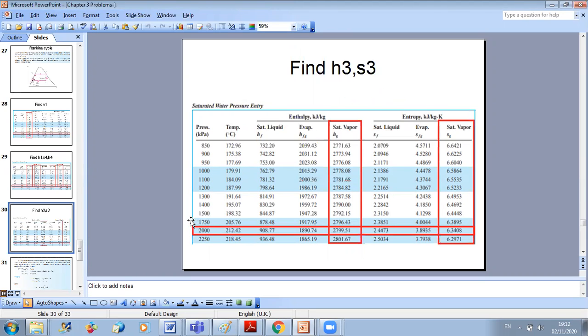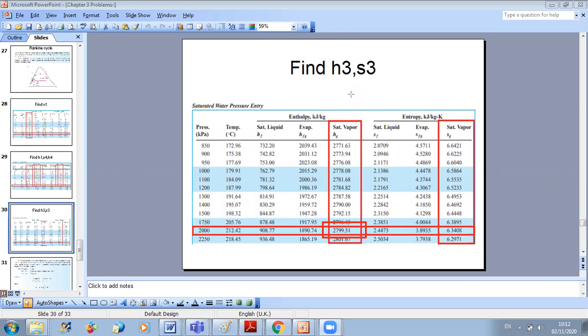So taking 2 megapascal, I can read the value of saturated vapor Hg, which is here, 2799.51. So I got H3 and I have H2. By doing H3 minus H2, I can then calculate the value of my heat input in the boiler.